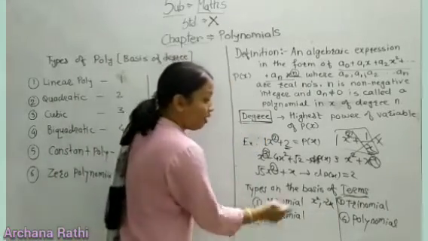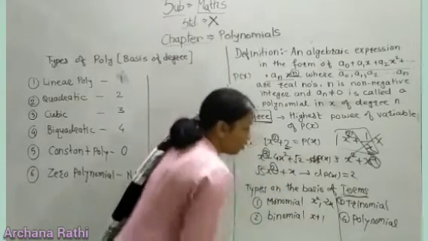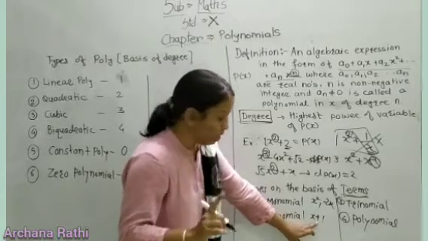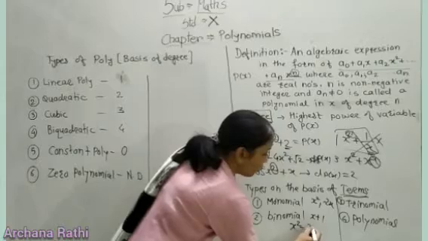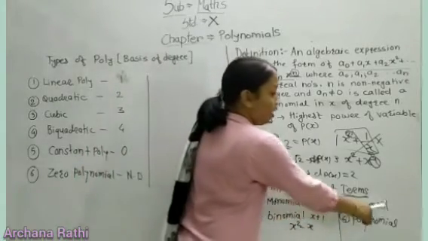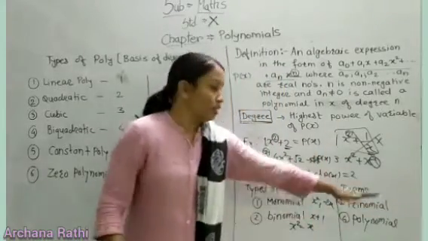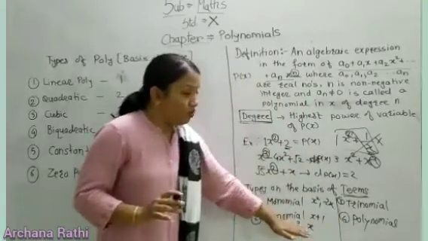A binomial has two terms, suppose x + 1, where x and 1 are two terms separated by addition. Or x² − x, this is also a binomial. A trinomial has three terms, and with more than 3 terms it is called a polynomial in general. That you have learned up till now.